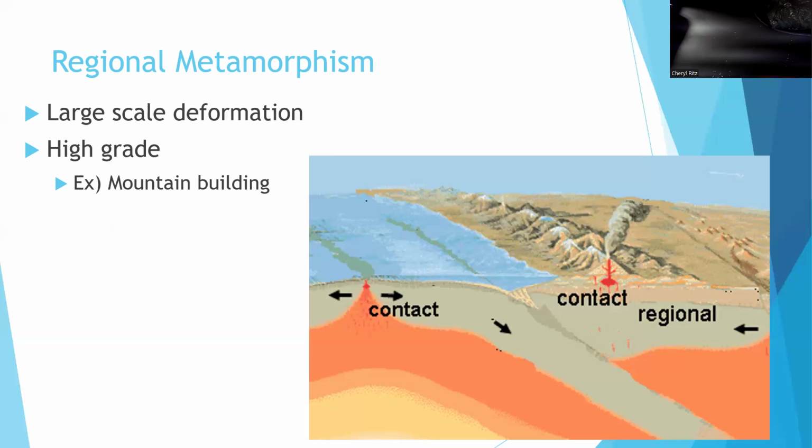So building a mountain, I mentioned this last week, those two plates bumping into each other is causing a boatload of heat and pressure. And it's over the whole area where these two plates are touching each other. So we're going to have a lot of heat and pressure over a large area. So that's why it's regional and high grade.